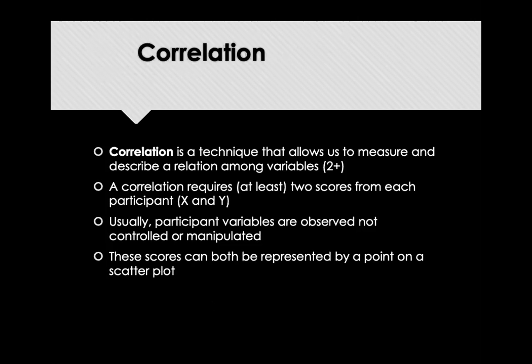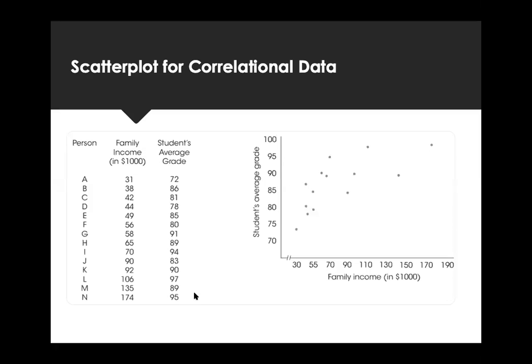A correlation does require at least two scores from each participant, an X and a Y, which will become a little bit more clear in just a moment. And again, these variables are usually observed, not controlled or manipulated. And one cool thing is that these scores can be represented by a point on a scatter plot.